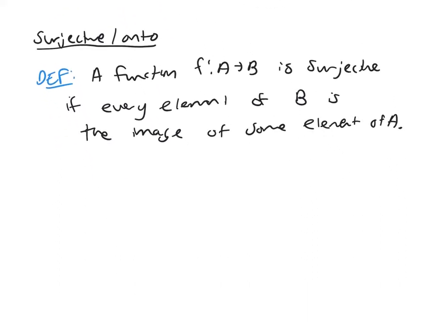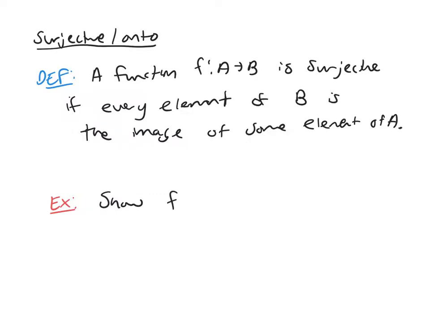So I'm not going to go too much into detail about these. You should know their definitions. You should know how to show something is one-to-one or onto, and also how to show it's not. So if you're looking for an example, here's one that you could do.